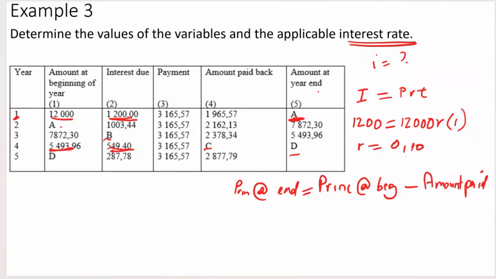After you have memorized your formulas, the principal at the end is what you are looking for. That is your A.